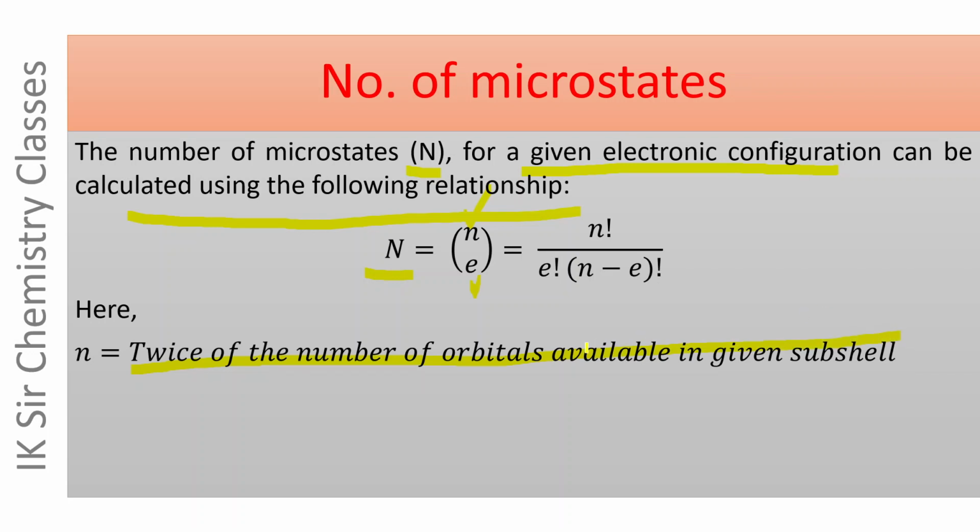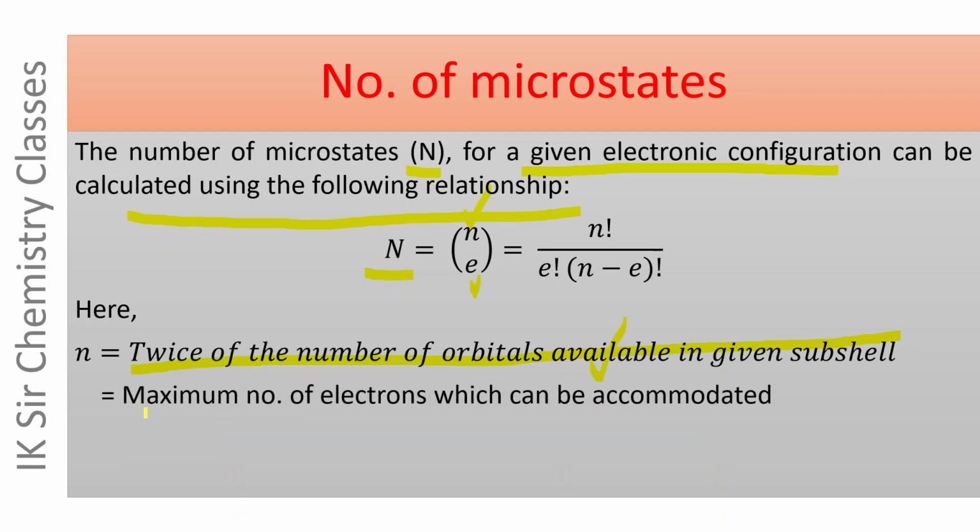Please note that a maximum of 2 electrons can be placed in one orbital, and therefore in a given set of orbitals as many electrons can be placed as twice the number of orbitals.